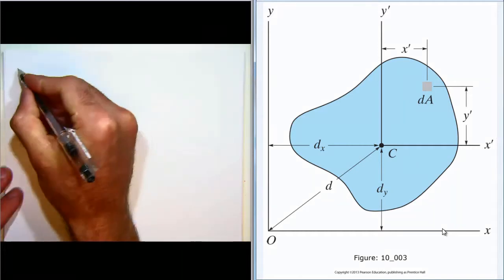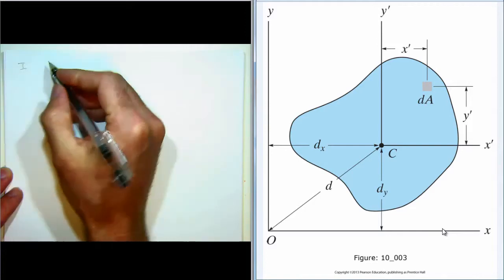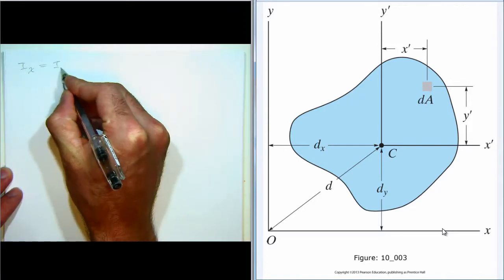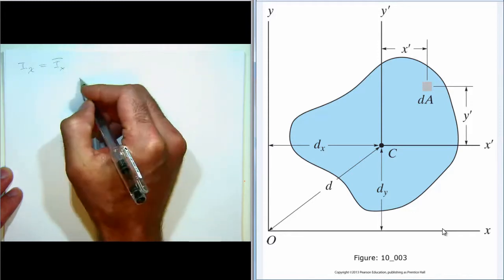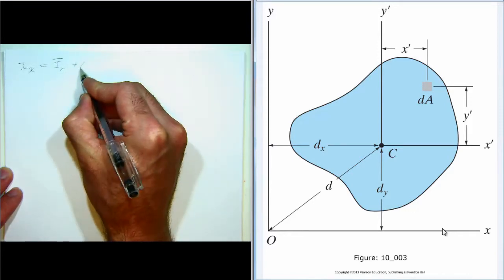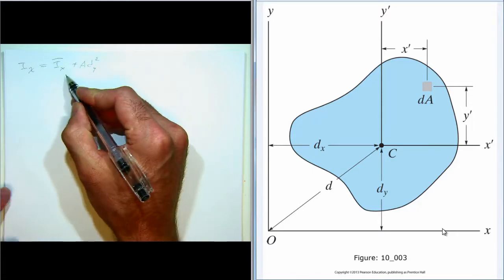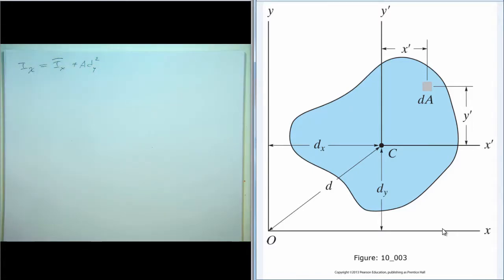And that ends up being Ix is equal to Ix bar plus A times dy squared, where Ix bar is the moment of inertia about the principal axis, and A is the area, and dy is shown here. It's just the distance from the x-axis to the centroid, the distance in the y direction.